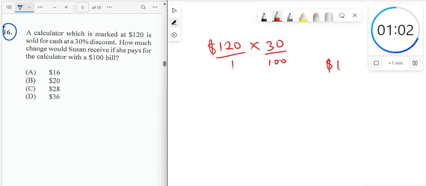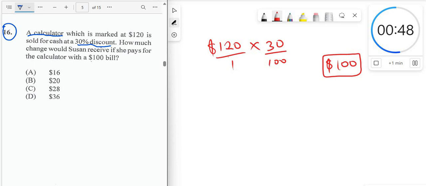So we want to keep that in mind. She gave the cashier a $100 bill to pay for the amount that the calculator costs, of course minus the discount. Discount meaning that she's not going to pay 30% of the cost. She's actually getting a discount, 30% off, in other words. So we have multiples of 10 here, right?